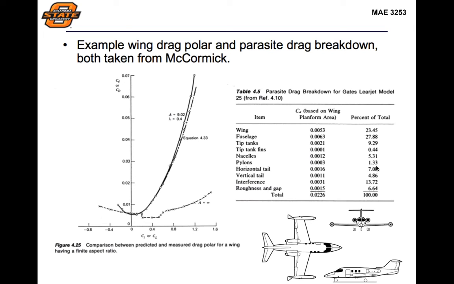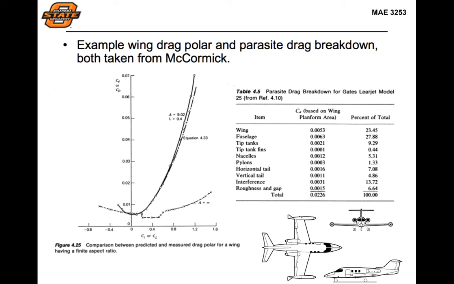Now what you will notice is when you start to make these estimates, again you can make the estimates based on the tools that we've already developed in here. The one that's really missing is this interference drag component, right? And where's that coming from? Well, the sum of the parts is not the same as the whole.